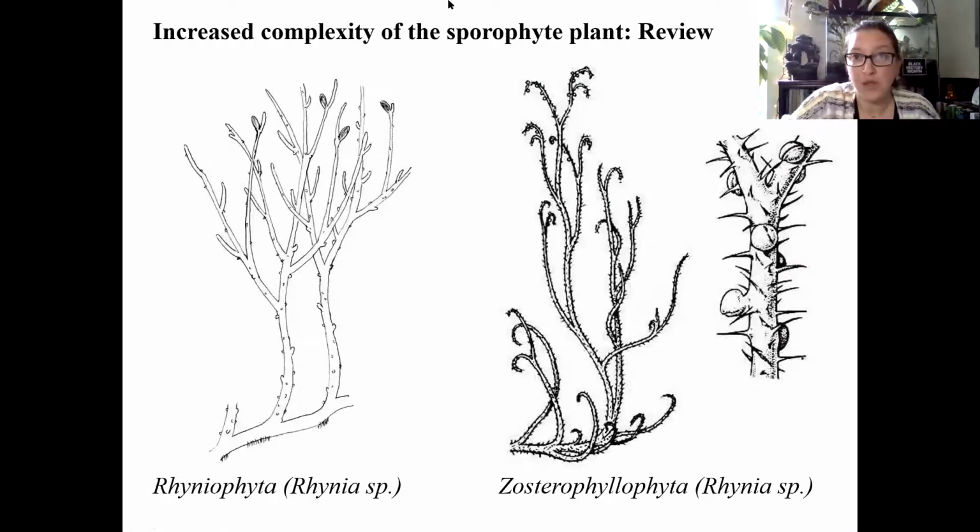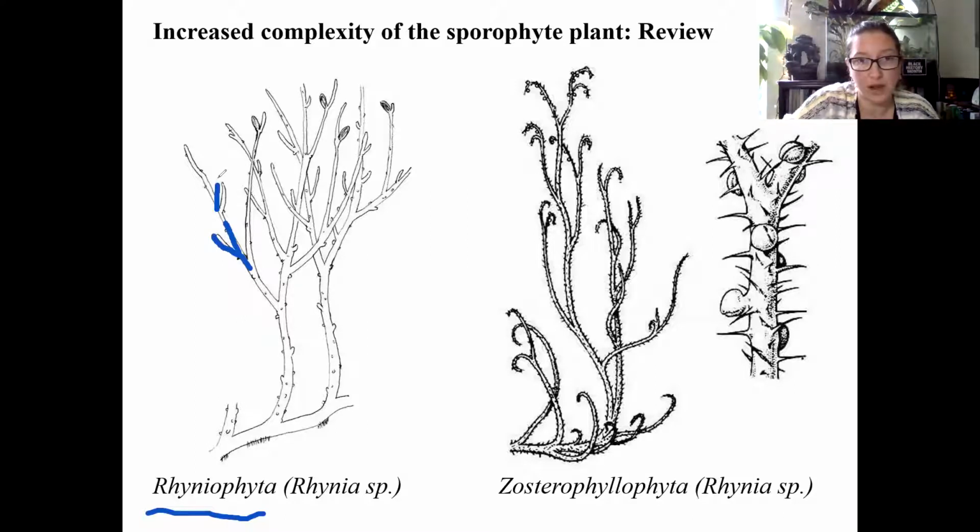Okay, so now we're still talking about the increased complexity of the sporophyte plant, right? And look, now we are moving our way through some of these plants. By the time we get to Rhiniophyta, we're already seeing different types of growth, right? Like here, this isn't splitting.